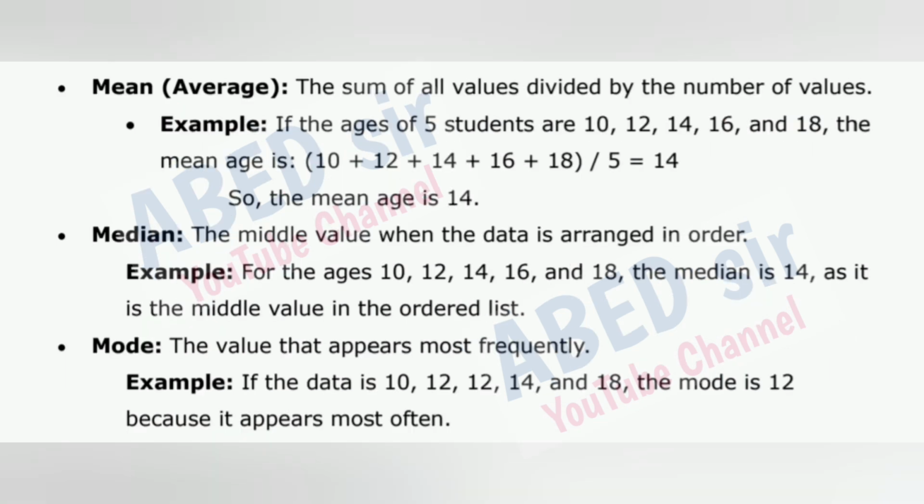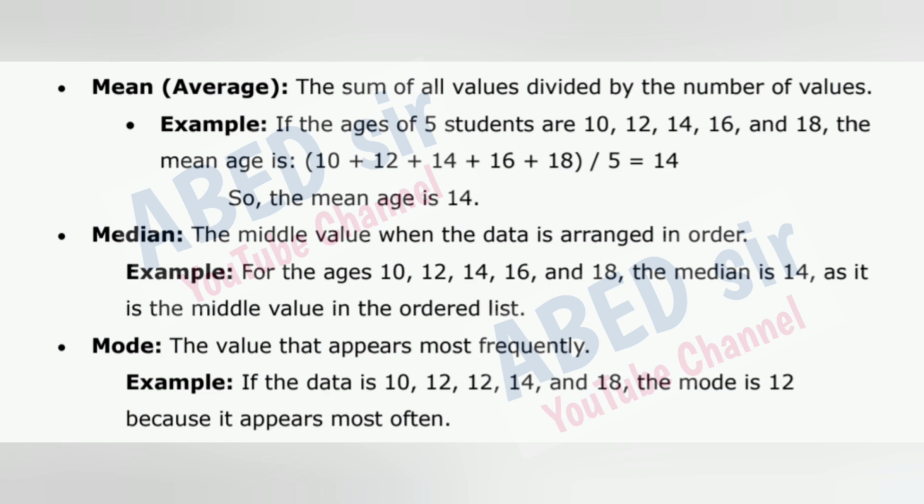Mean, average, the sum of all values divided by the number of values. Example: if the ages of 5 students are 10, 12, 14, 16, and 18, the mean age is equal to 14. So, the mean age is 14. Median, the middle value when the data is arranged in order.